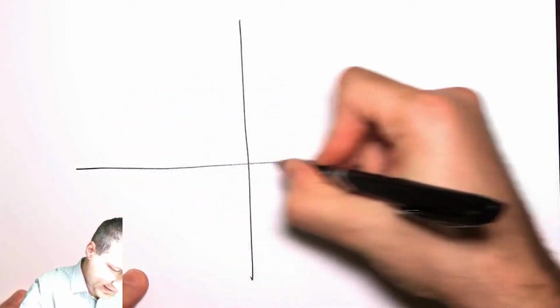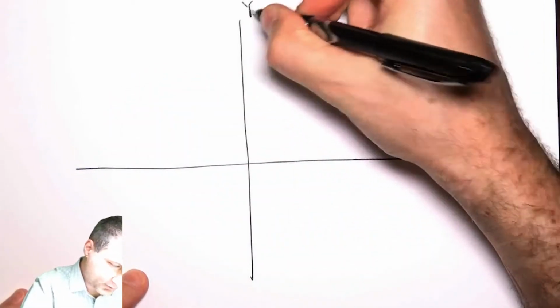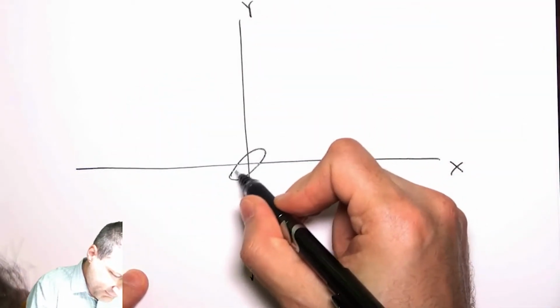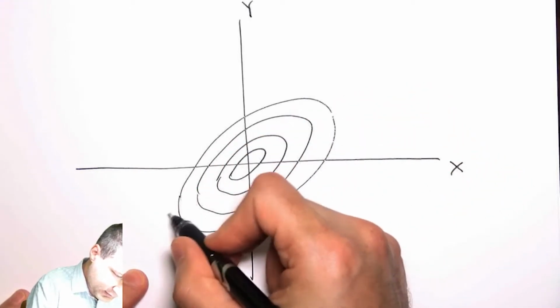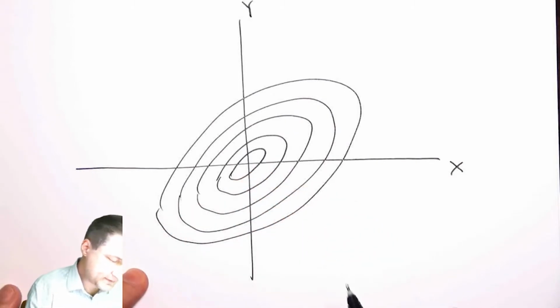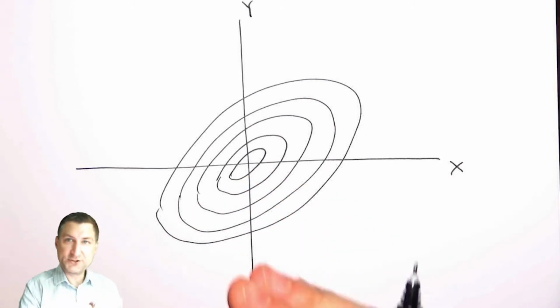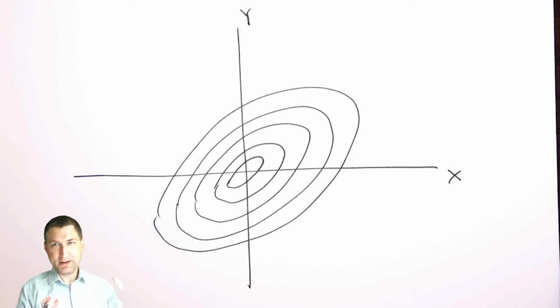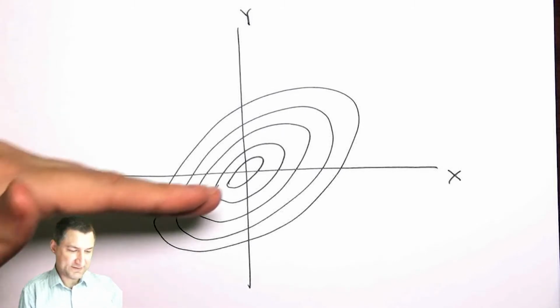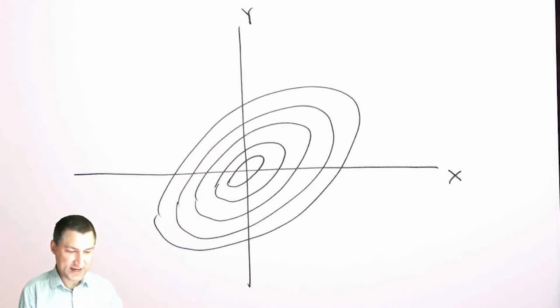Let's suppose that these are my equiprobable ellipses, and rho not being equal to 0 means that these ellipses are at some angle, okay? Individually, if I look at the marginals, it's like projecting this topographical map onto the x-axis or the y-axis, and I can see that everything should stay zero mean, right? Because I've got half the probability above the axis and below the axis. So the marginals themselves are both zero mean.